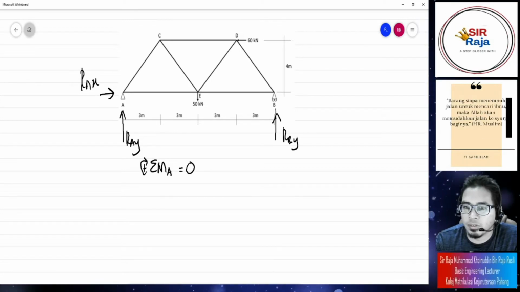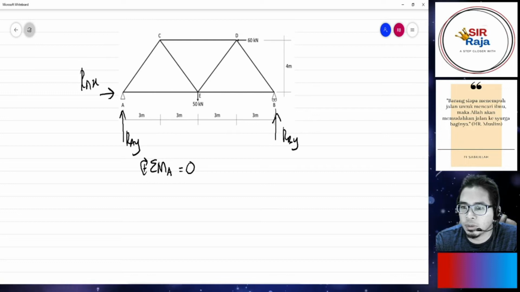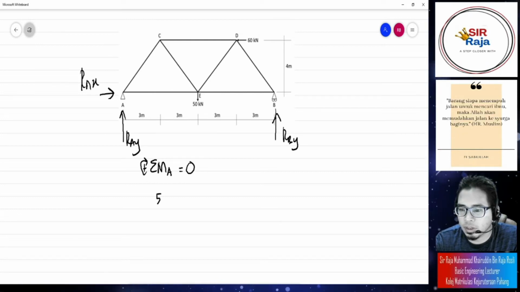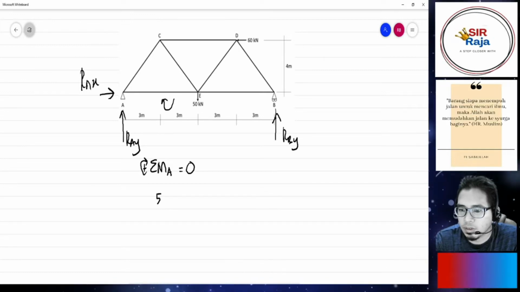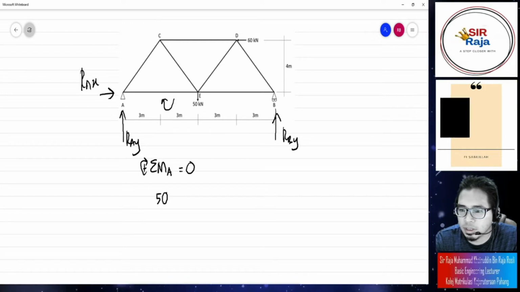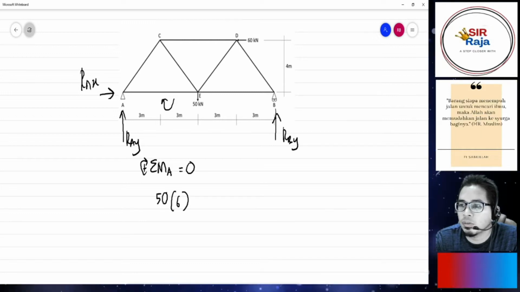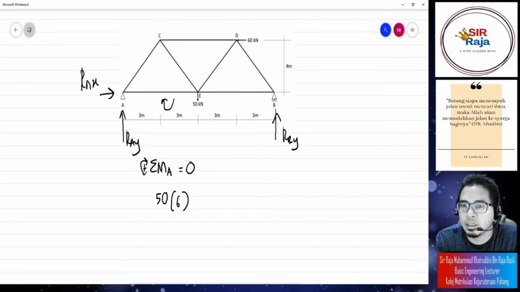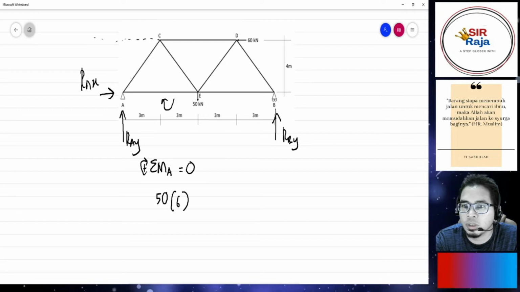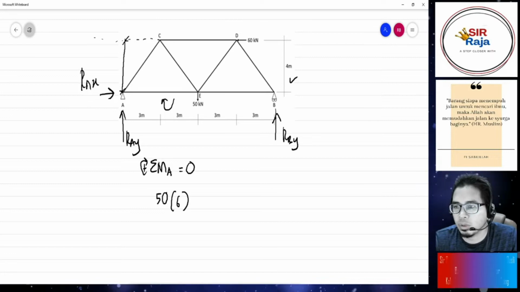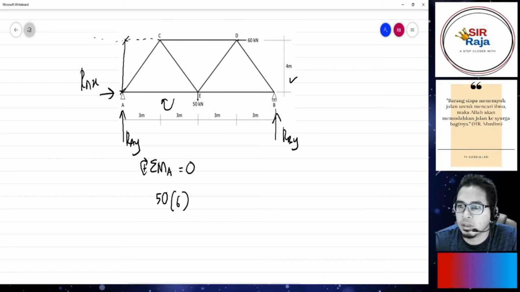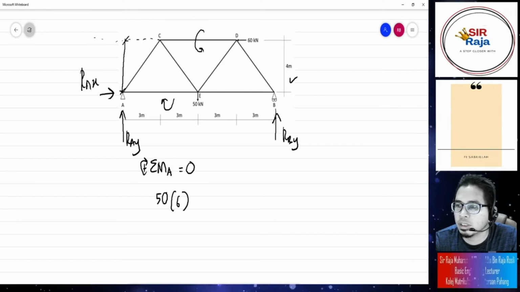Then we have the 50 kN force, moving here, so it's going to be clockwise, positive 50 times the distance 6. And don't forget we also have this moment here, so remember, a line along the direction. Here we have the D value, which is 4.